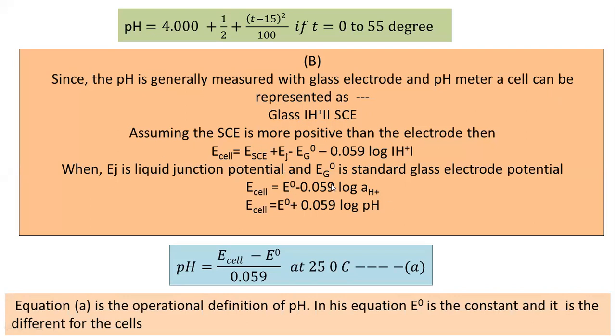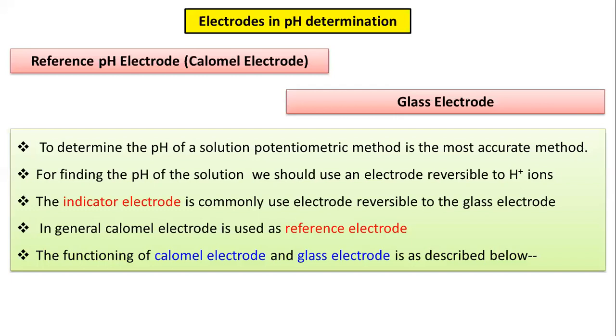These are the particular cell used to measure the pH of the solution when a glass electrode is fitted with the pH meter. So these are the operational definitions of pH associated with the measurement of pH for the standard as well as the unknown substances.